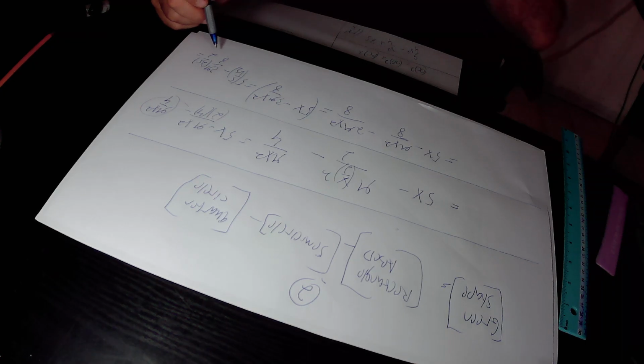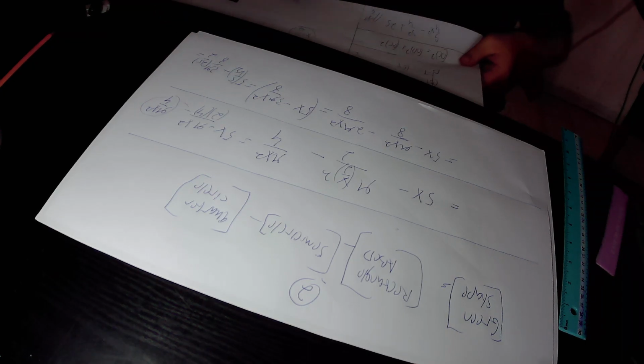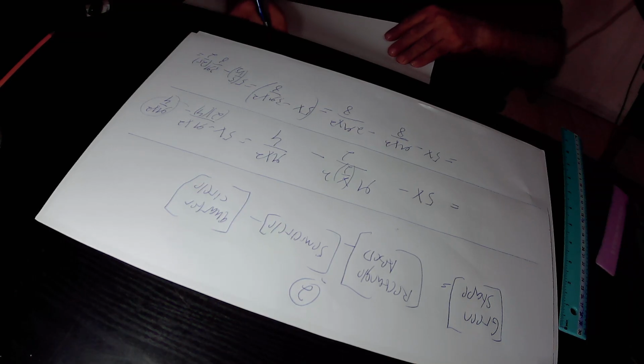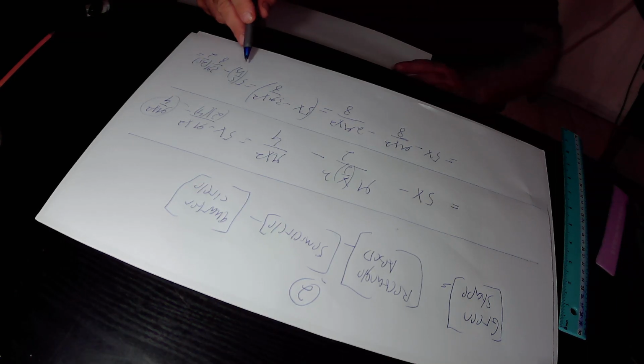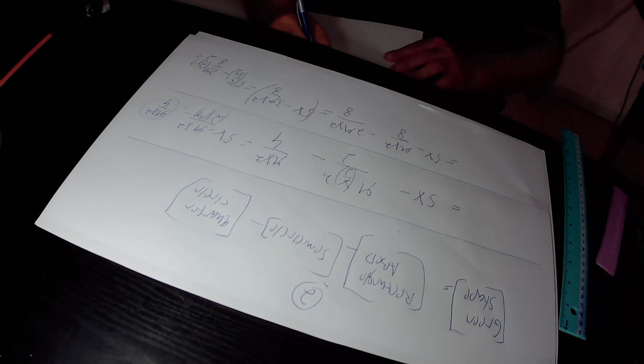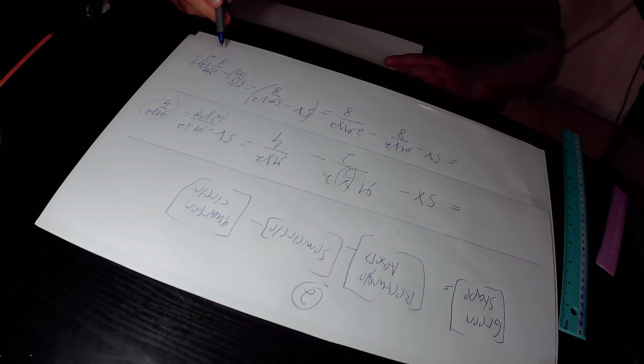So in total, the area of the green shape equals... here we have 5 times 5 is 25, so in total this expression will be equal to 25 over square root of 2 minus 3 pi over 8 times 25 over 2.